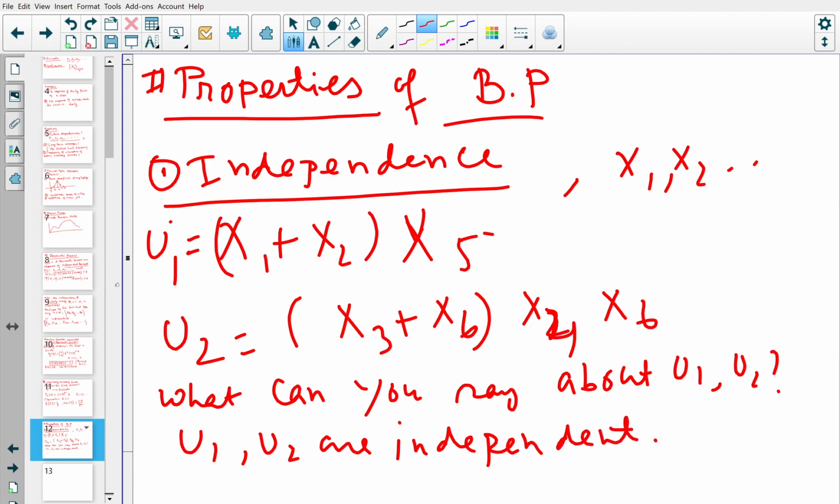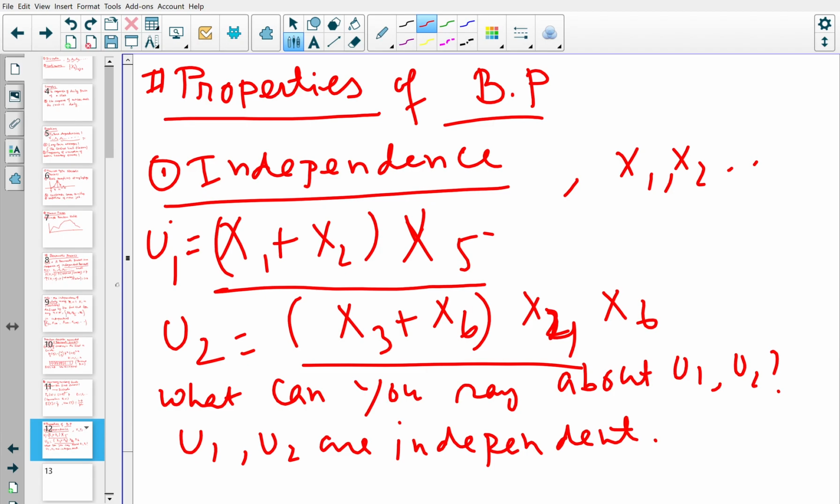What does that mean? See here, these Xi's are independent, right? And X2, X3, X5 do not appear inside the other expression. So these random variables are independent. This is a very important property. If you generate many such random variables, they are independent from the property of Bernoulli.